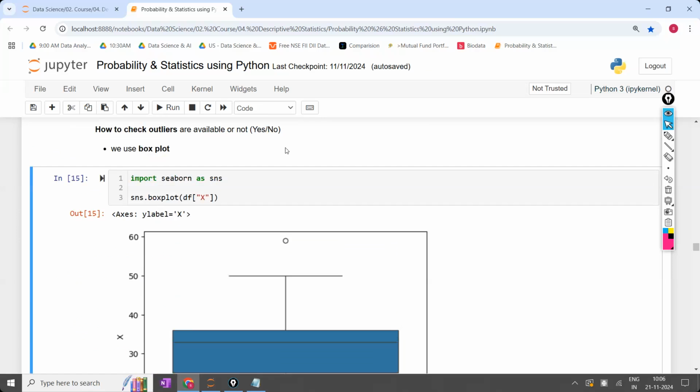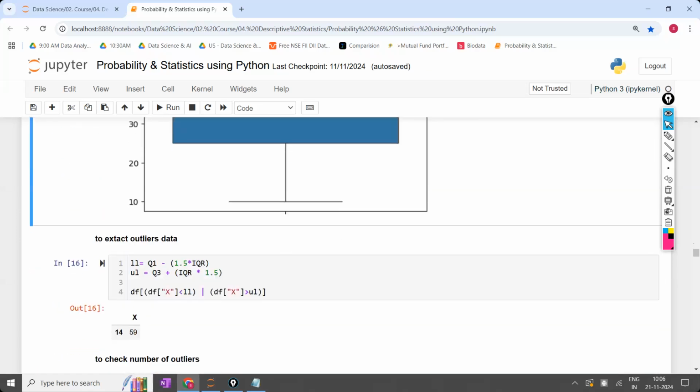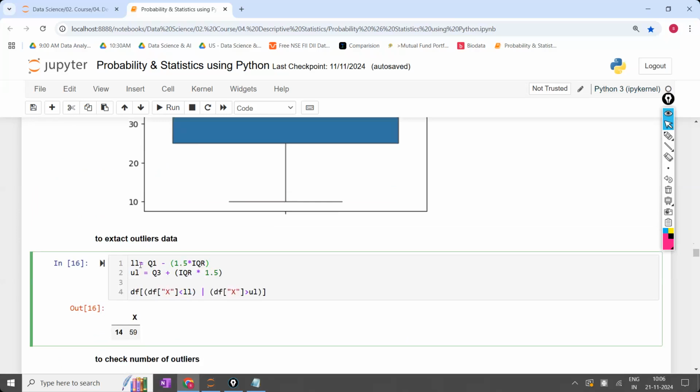Number of outliers, what the outliers are, that is separate. That is not from the box plot. So to extract the outliers, first you have to calculate Q1 minus 1.5 into IQR, and Q3 plus 1.5 into IQR. Any value less than this value or any value greater than this value is considered an outlier.